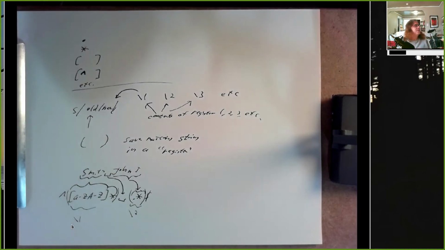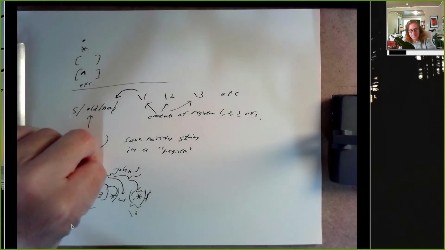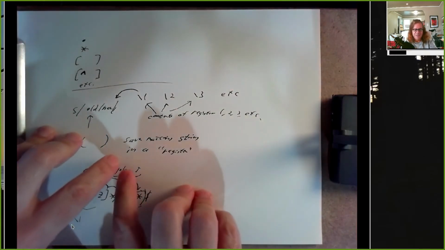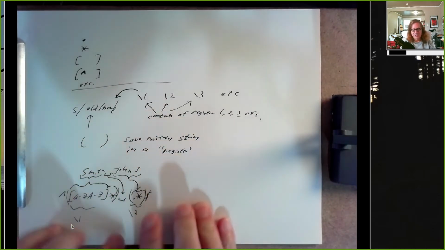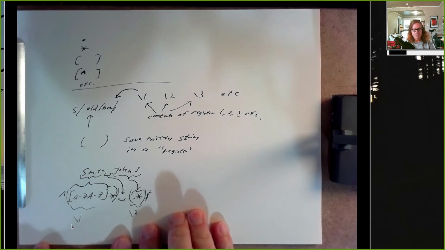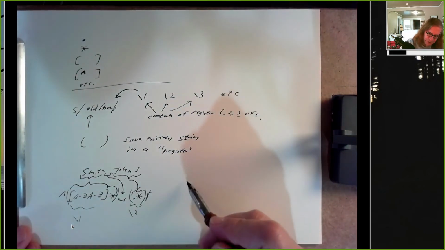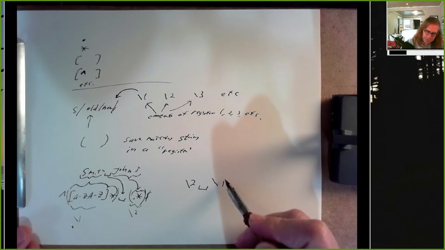So what I'm doing is matching a pattern, but I'm matching it in such a way that the last name, which appears first, is going to be saved in this temporary location called register 1. And the first name followed by an optional space and middle name is going to go into register 2. And what I'm going to do is replace all of this with register 2, a space, and register 1.